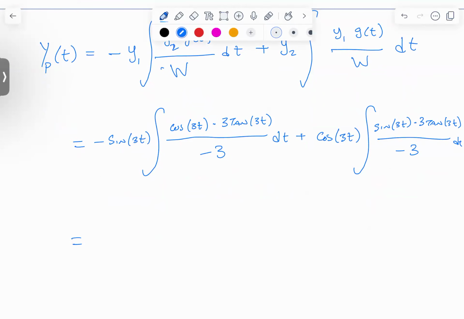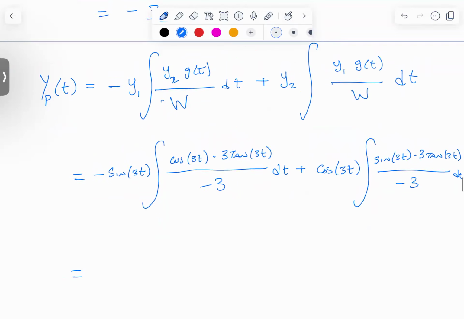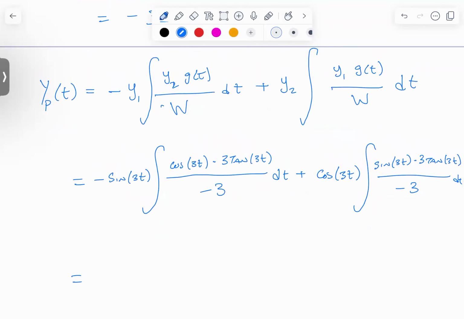Variation of parameters is actually pretty nice because it is pretty plug and chug. Then it's just simplify down until you can figure out what you're doing.